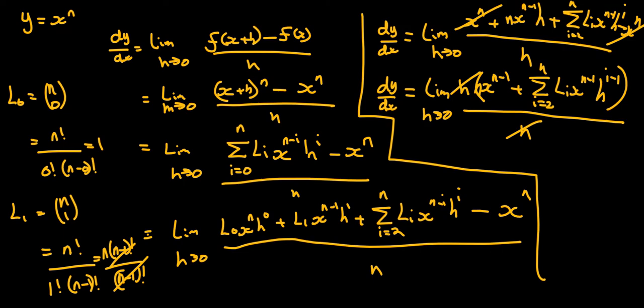We can set h to 0, so all this goes to 0, and voila, we are left with n x to the n minus 1, which is the derivative using first principles.